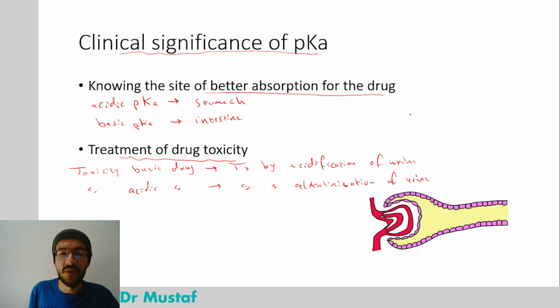That's because when the basic drug is filtered through the kidney glomerulus, it would pass into the Bowman capsule and into the proximal convoluted tubules. If the basic drug comes here and finds that the urine is highly acidic, because we made the urine highly acidic, this would make the drug become charged and it would not be able to be reabsorbed again.